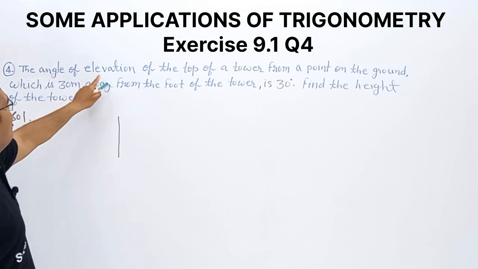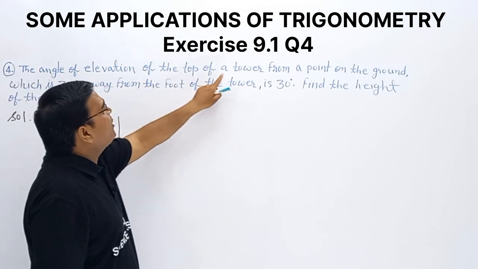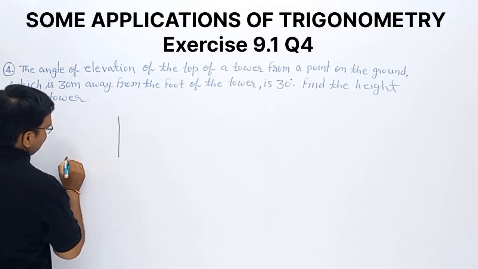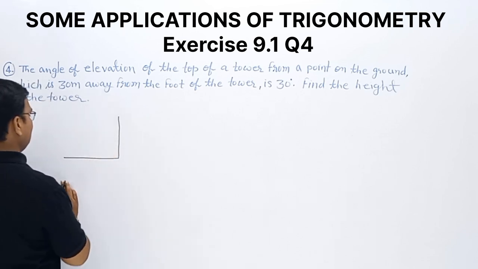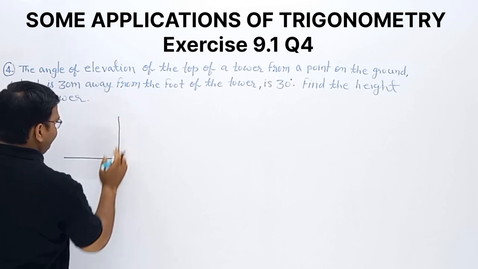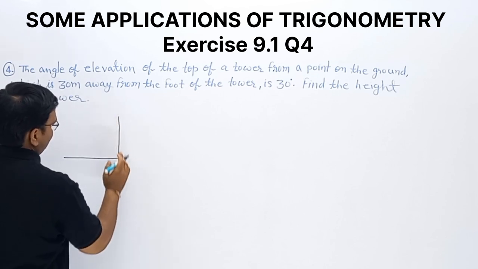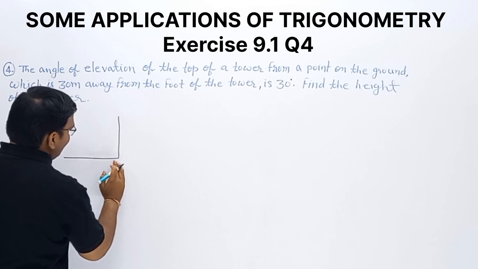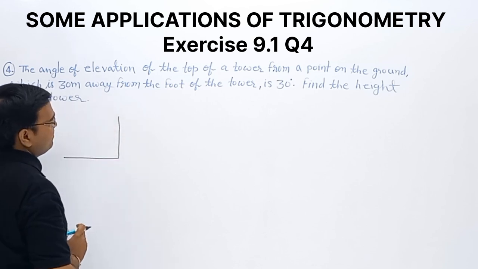This is the ground, and this is the surface of the ground. One tower is standing. Clear? This is the perpendicular. This is the surface of ground. This is the base, and one tower is standing.